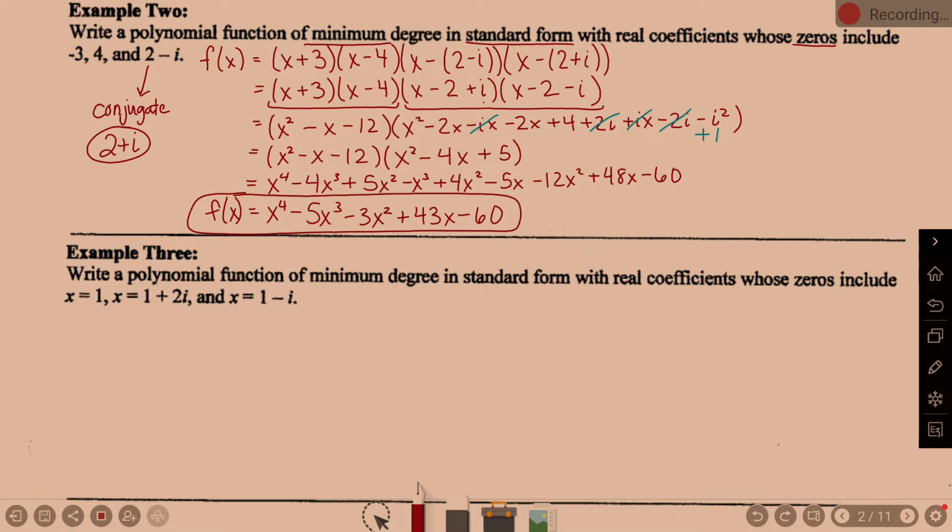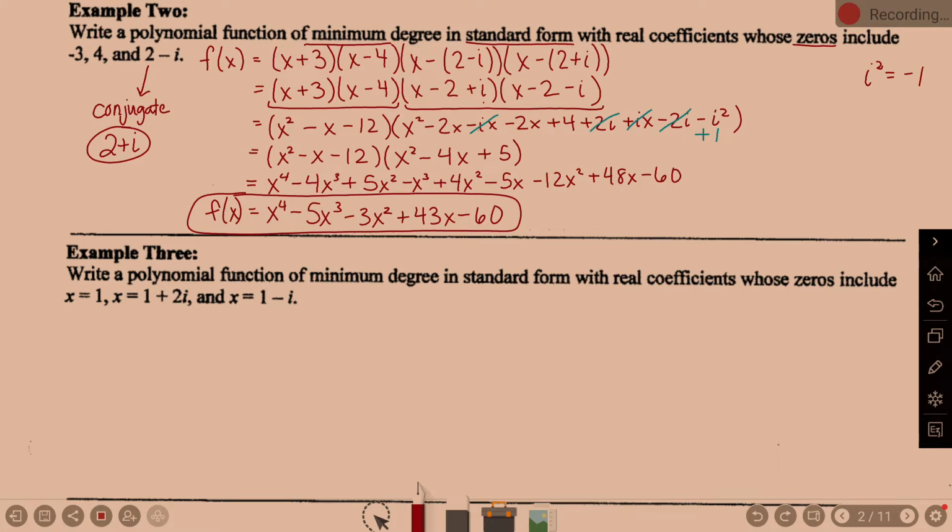Now, I'm sure you guys would have pointed out mistakes if I made them along the way, right? Okay, good news. It matches my notes. Yes? When it's negative i squared, why is it plus 1? So if you recall yesterday, we talked about the fact that i squared is equivalent to negative 1.